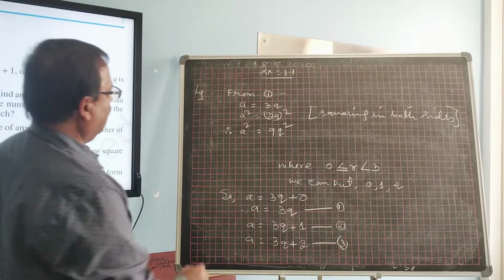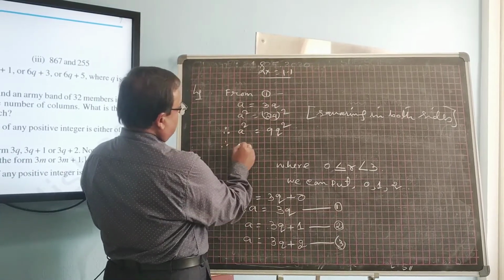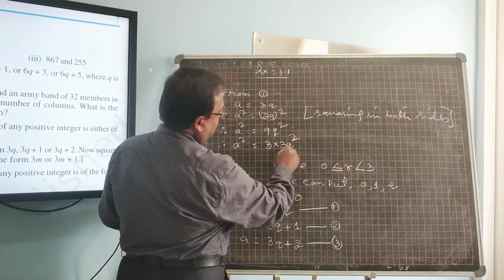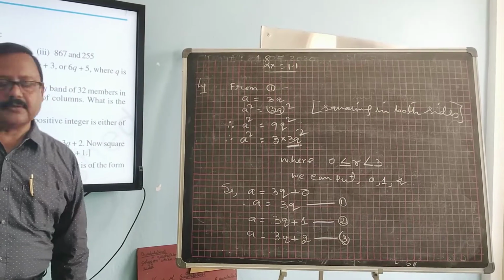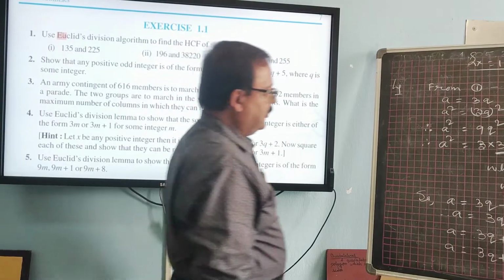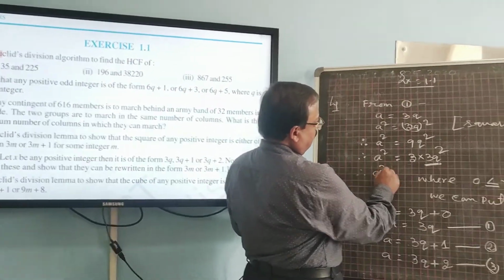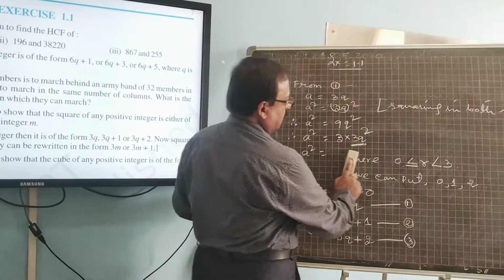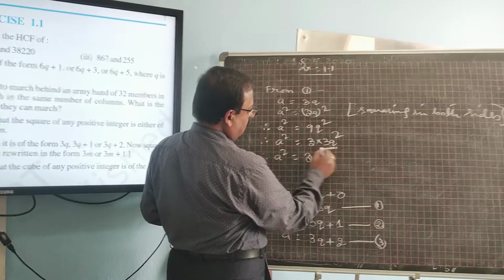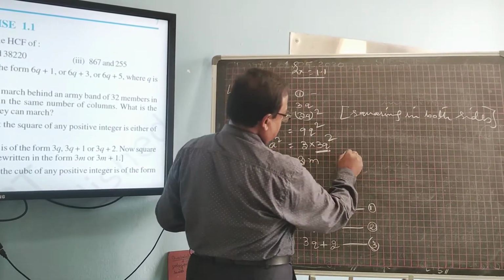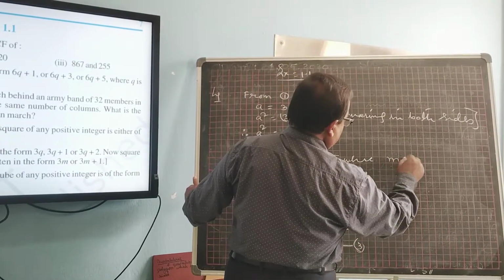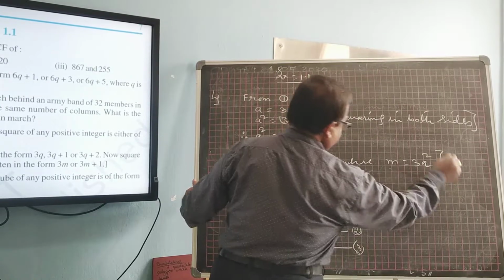Then you can write a square equal to 3 into 3q square, where 3q square is m. m is some integer. So you can put m in place of 3q square, where m equal to 3q square, some integer.